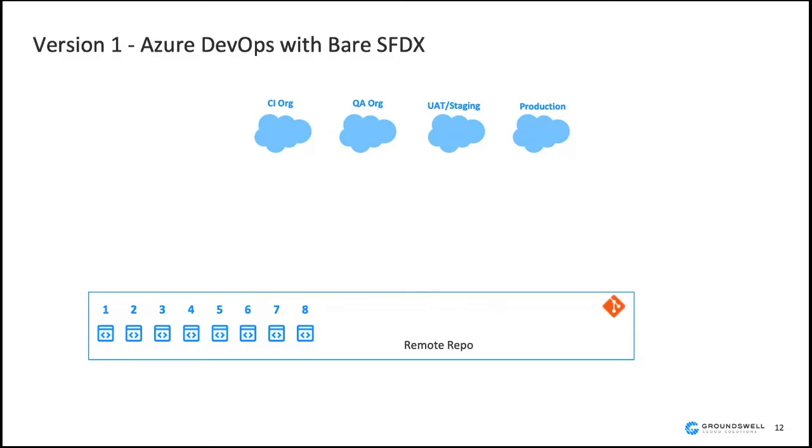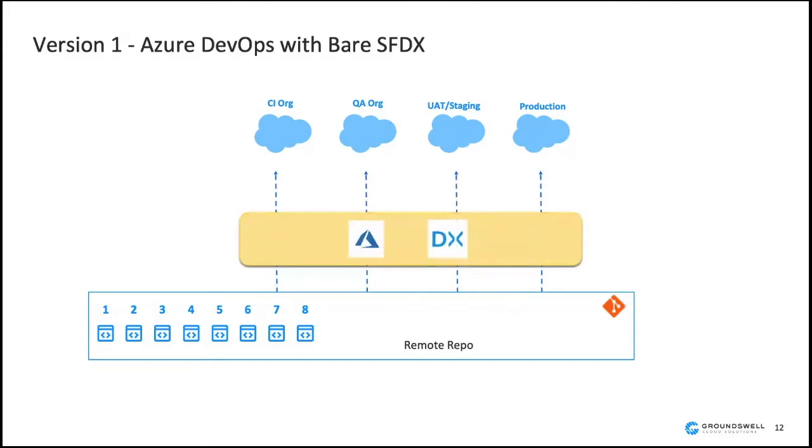So we thought, okay, let's try to utilize bare SFDX commands. There are some great commands in SFDX which you can actually use, and yes, that's what our initial thoughts were, and then we started utilizing those SFDX commands on Azure DevOps. Now, some of you might be thinking, what do I mean by utilizing SFDX with Azure DevOps?